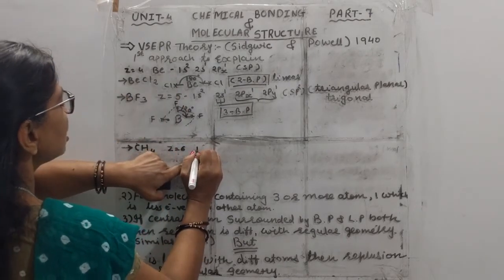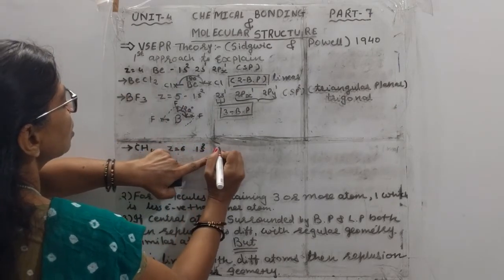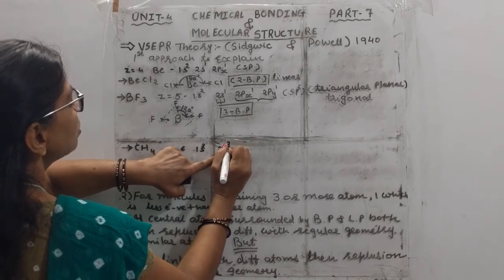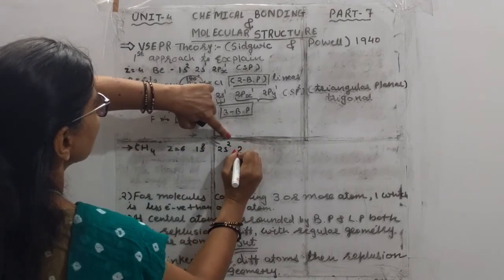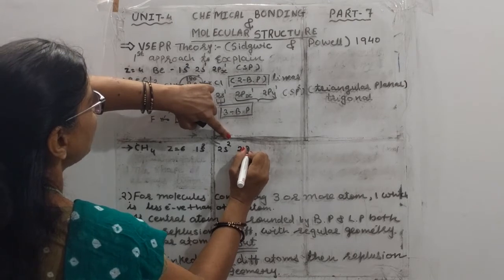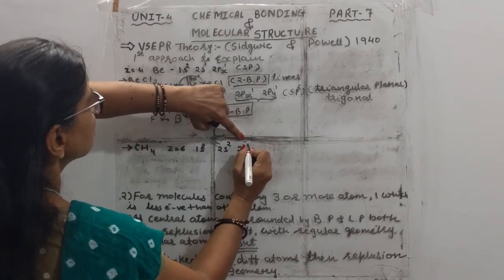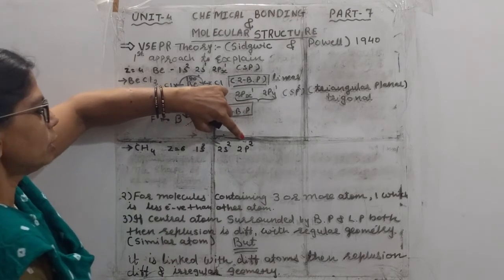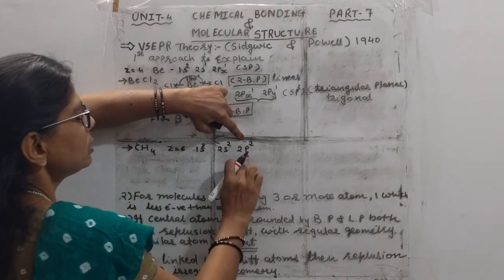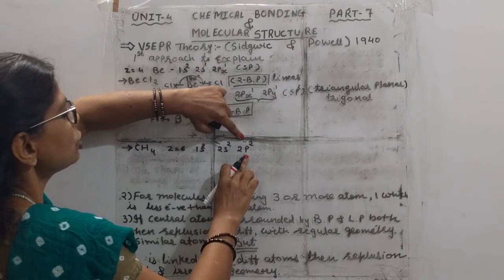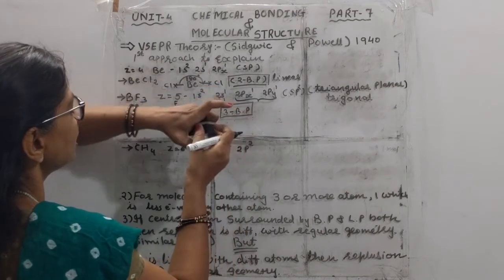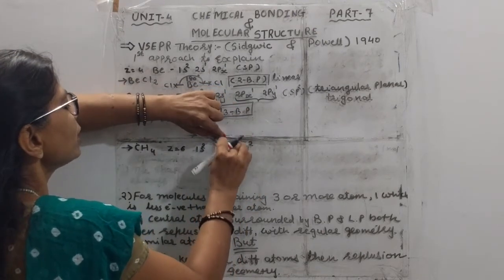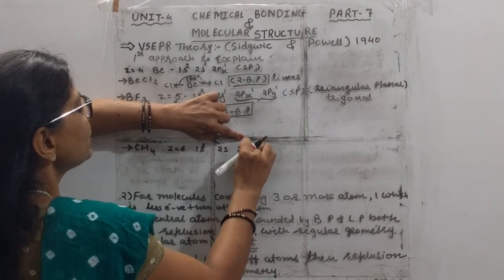So we'll take Z equal to 6. For the ground state, 1s2, 2s2 and 2p2. Now for the excited state, this 2s1 goes to 2pz1.